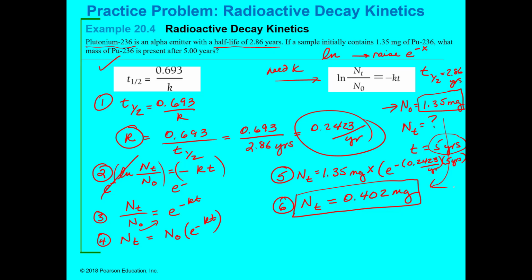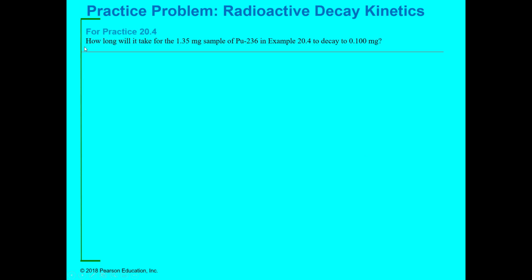So all this is really just reading your problem and then plugging it into the example. I did this one because it's the hardest way, because you have to deal with the natural log and get rid of it. Your practice problem is still referencing the numbers that we got in the first problem, so you know the half-life and stuff like that.